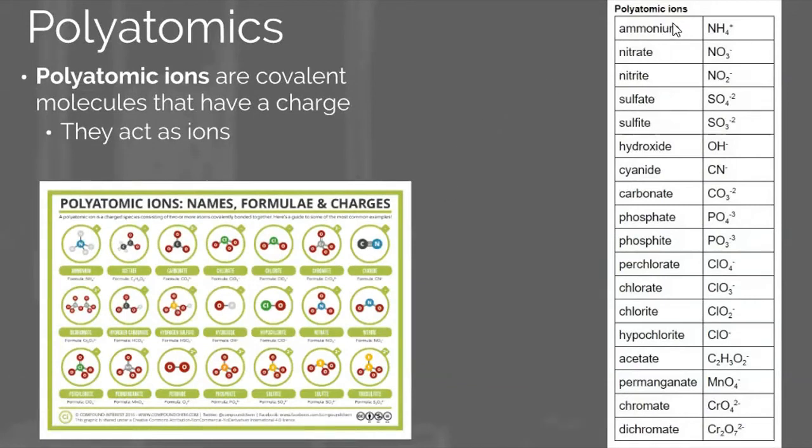More useful will be this list that I have over here. I'll be giving you a reference with all these so you don't have to memorize them, but it's important to know where they are and what you're looking for when you use this. One thing I want to point out is that we have some very common pairings. They're very similar, so it might be confusing. An example here is nitrate and nitrite.